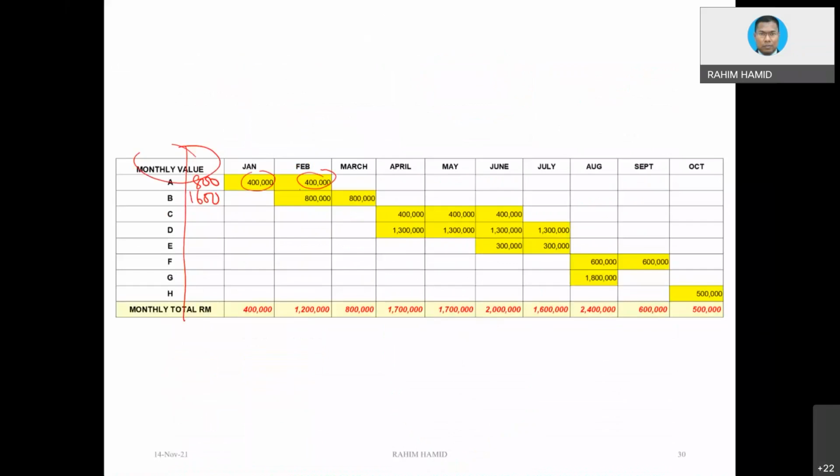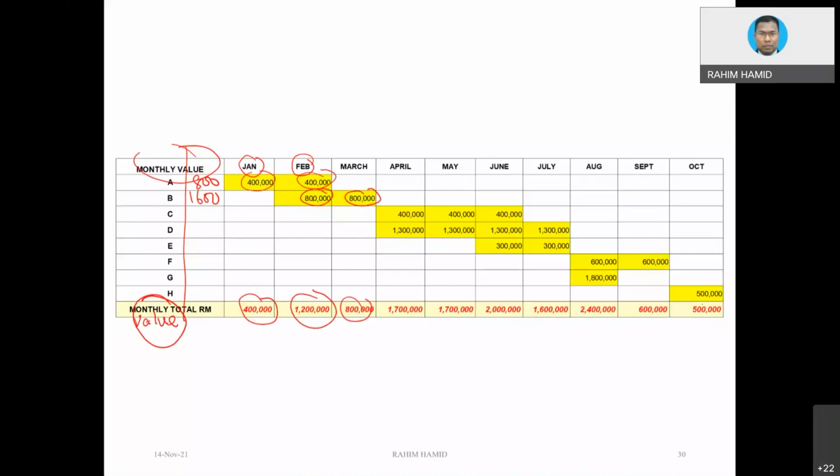See, 800 and 800. And the rest of the thing, you do that. Next, monthly value. By right, it should be value, as not to get confused. So you can distribute according to January, and then February, 800 plus 400 would be 1,200. March would be 800. So you already established monthly value.